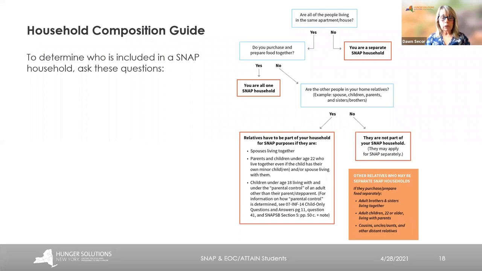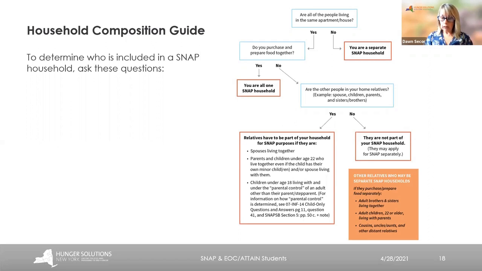Under SNAP rules, we have something called mandatory household members, meaning that if people are living in the same house, they must be included in the SNAP household, even if they are not purchasing and preparing meals together. Mandatory household members include spouses, and parents, natural, adopted, or step parents, and their children under 22.